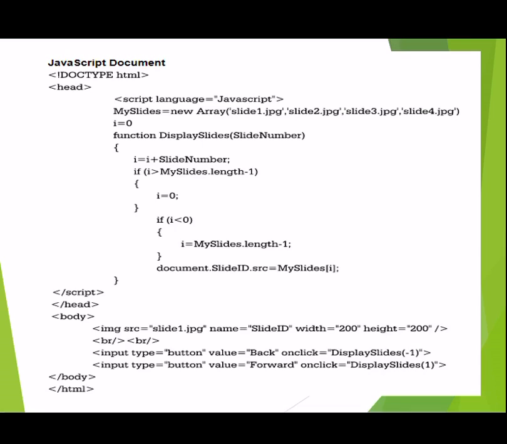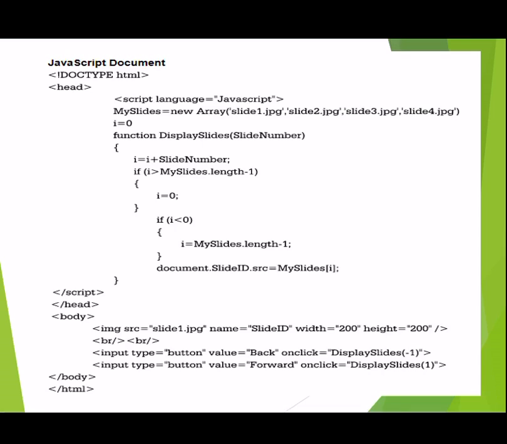Okay, and if i is less than 0, then again i is equal to myslides.length minus 1, that is, again it will go to the last slide.